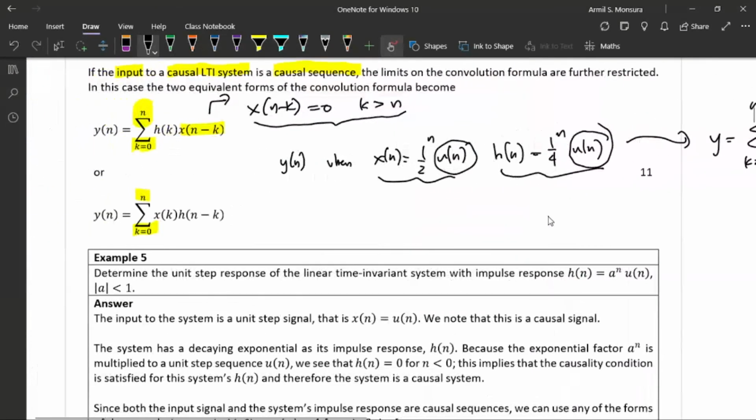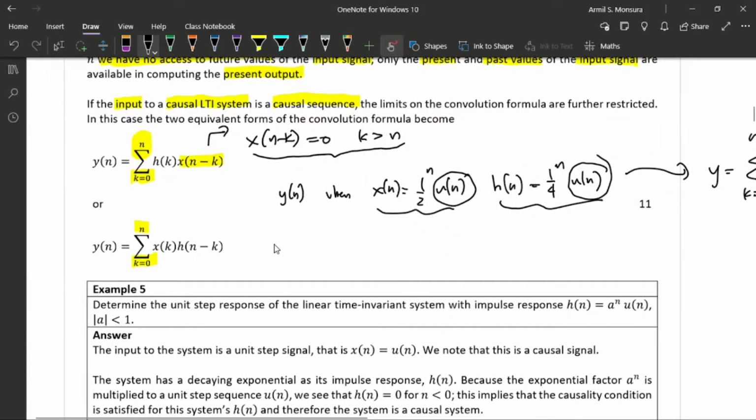Now, even so, if instead of having your input sequence be time reversed and shifted, it is the h[n] that is time reversed and shifted, ganun din.